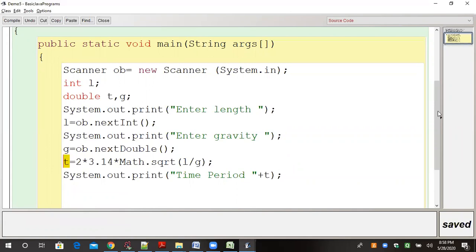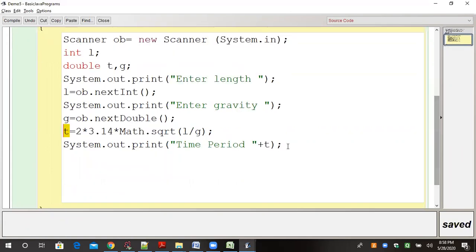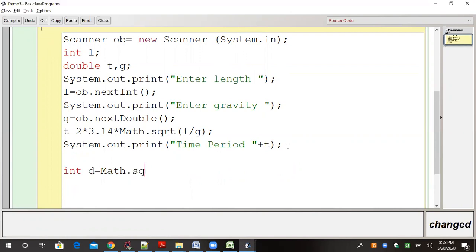Okay. Do you know what is the square root of 144? 144 square root? 12. One second. int d = Math.sqrt. After 15 to 20 days, you will be expert, because I will not leave any small thing in Java.